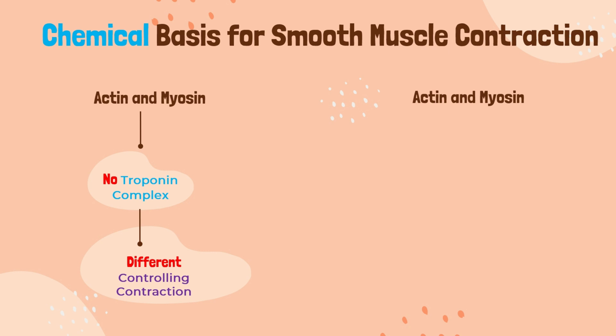Chemical studies have shown that actin and myosin filaments derived from smooth muscle interact with each other in much the same way that they do in skeletal muscle. Furthermore, the contractile process is activated by calcium ions, and adenosine triphosphate, or ATP, is degraded to adenosine diphosphate, or ADP, to provide the energy for contraction.